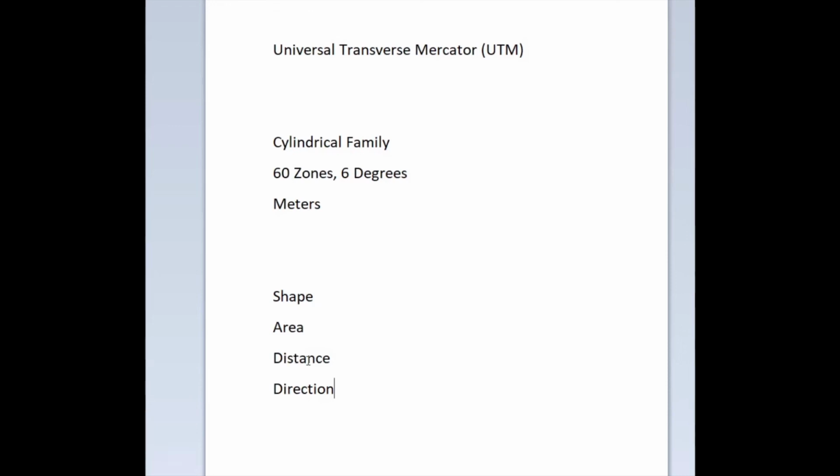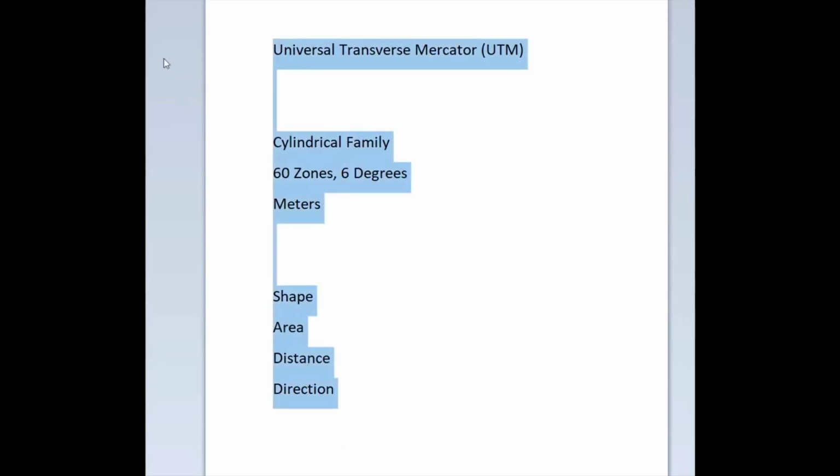And we're going to close up real quickly with the last type. So those are all projected coordinate systems. We're going to close up here with the geographic coordinate systems. And what's important to remember with those is that they use latitude and longitude.